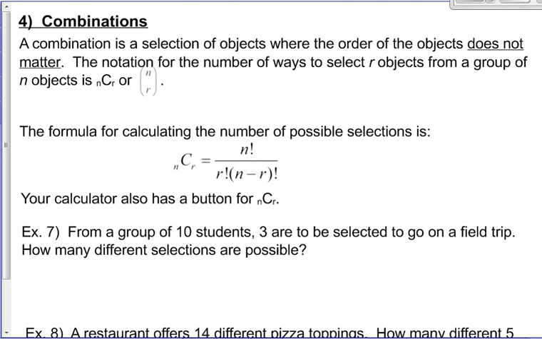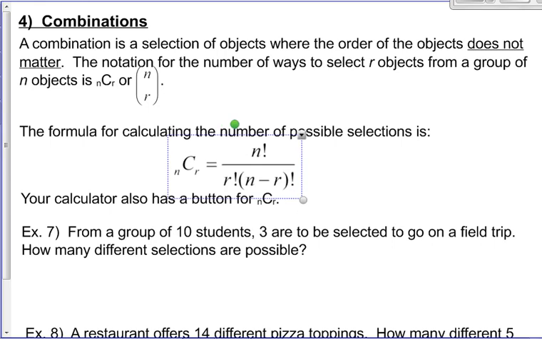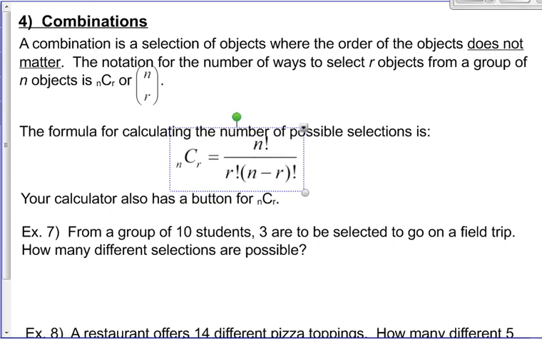Combination is going to use a C. Permutation uses a P. Or this is more common international notation. And there's a formula for calculating the number of possible selections. And it's similar to the last one, but it's got this extra r factorial here. Your calculator is going to have an nCr button as well.